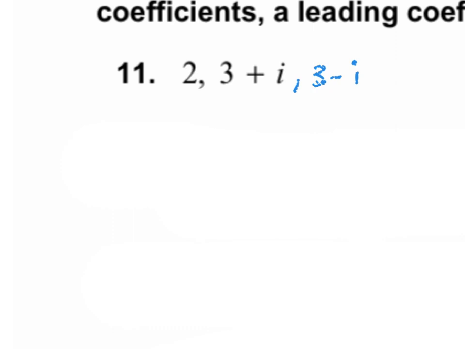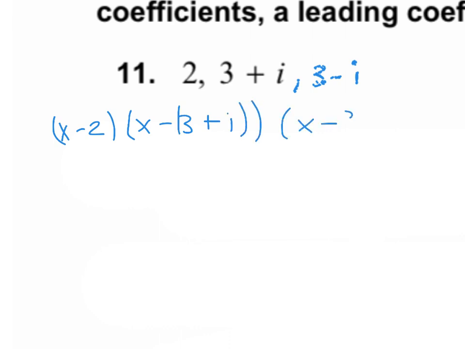X minus 3 plus I. And then we have x minus 3 minus I. What's the next thing we need to do? Distribute. So the x minus 2 stays the same. Then we have x minus 3 minus I and x minus 3 plus I.